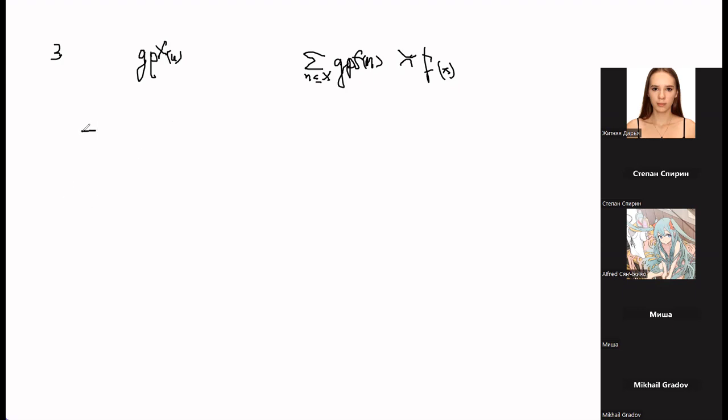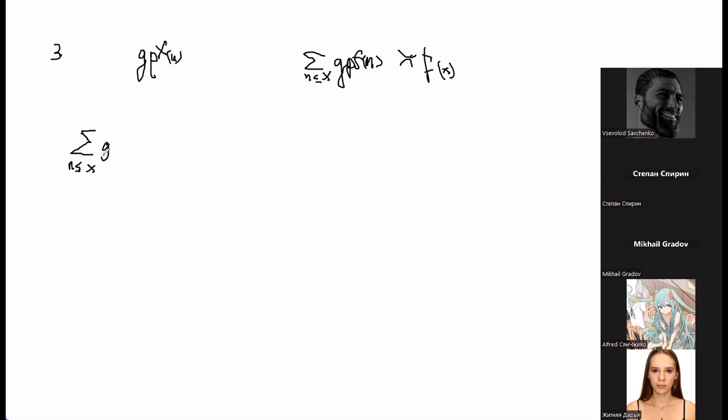Okay, so let's rewrite it a bit. This big P means that it's the largest prime factor.